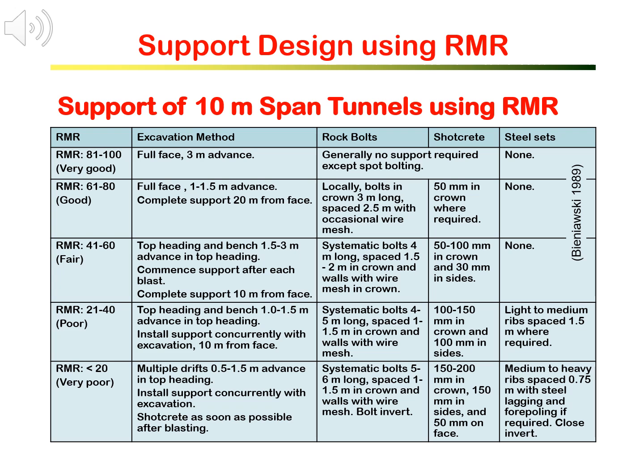For example, for tunneling in good rock mass with RMR of 61 to 80, full-face excavation is suggested with 1 to 1.5 meter advance. Recommended roof support is systematic bolts with 3 meter length and 2.5 meter spacing, and a 50 millimeter shotcrete, with occasional wire mesh to be used.